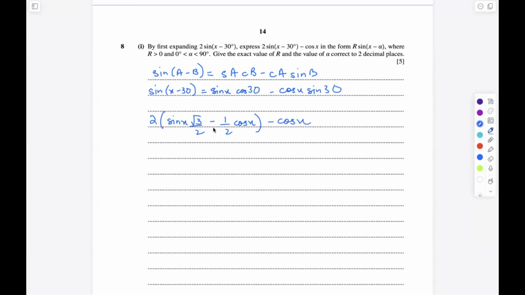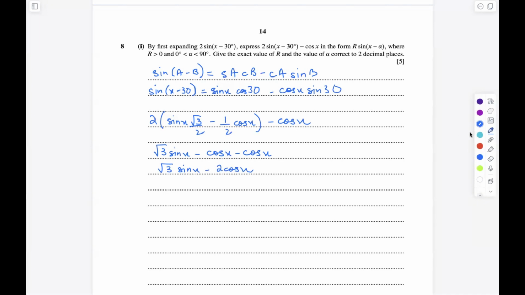So 2 times root 3 upon 2 will become root 3 sine of x, and 2 times half will become 1. So this will become minus cos x minus cos x. Simplifying this, we get root 3 sine of x minus 2 cos of x.